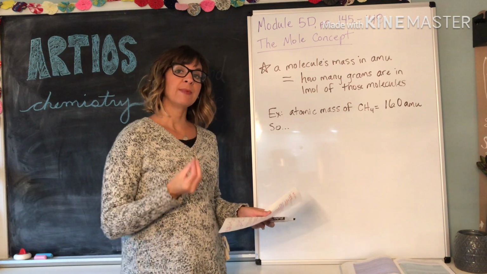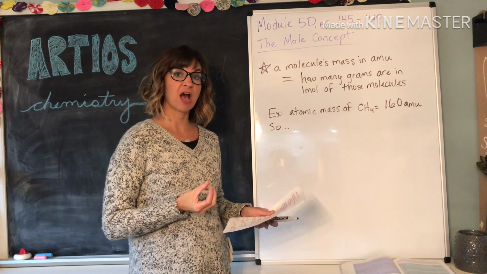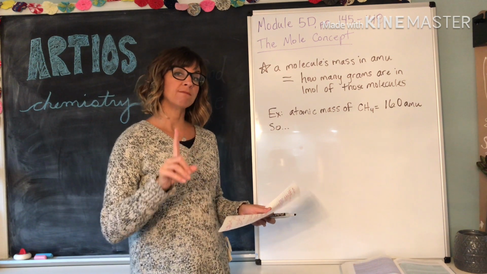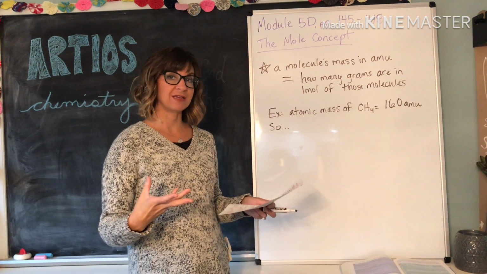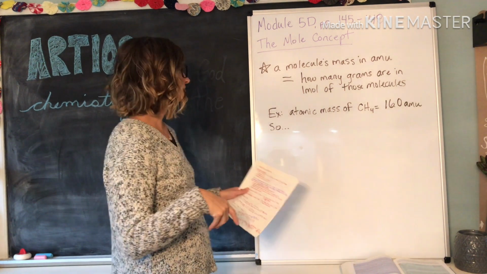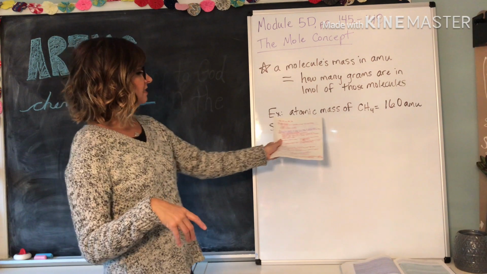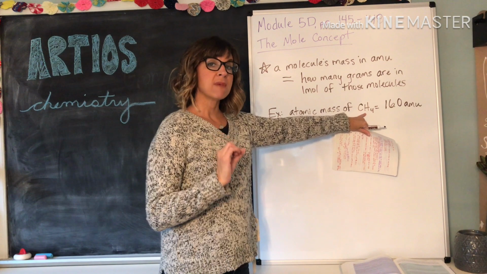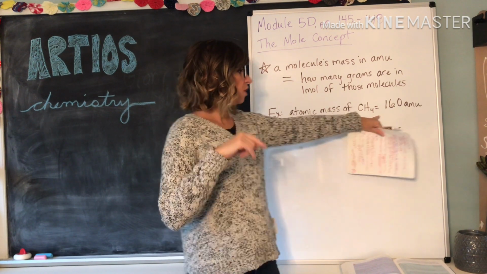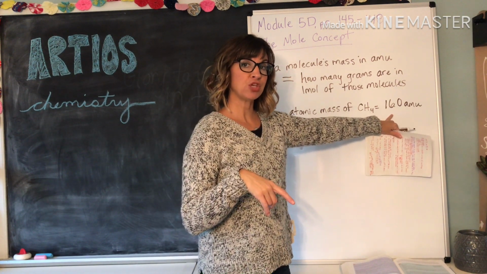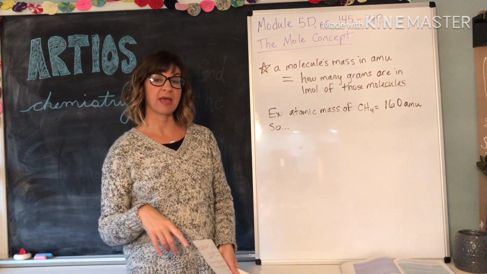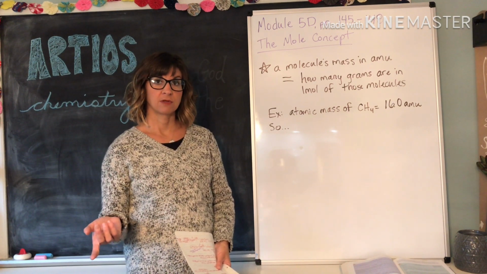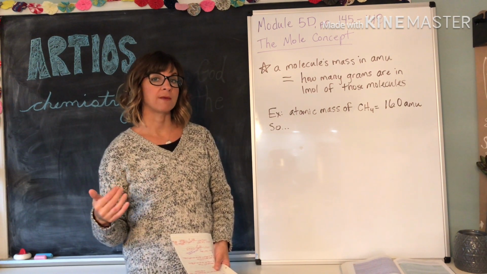Okay, so again, the atomic masses that you find on the periodic table can tell you how much one atom weighs in AMUs, or it can tell you how much 1 mole of that atom or that molecule weighs in grams. So, for example, the atomic mass of CH4, which is called methane. A methane molecule, one of them, weighs 16.0 AMU. And I found that by adding the atomic mass of carbon, which is 12, plus 4 hydrogens. Each hydrogen is 1.01, okay?